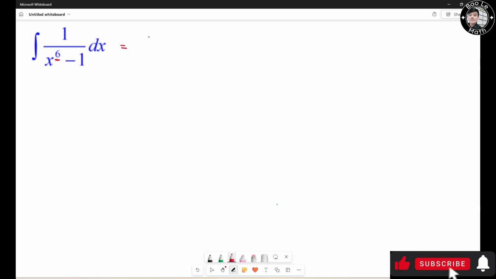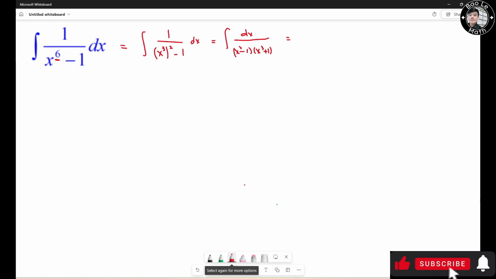So it's going to be the integral of 1 over s to the 3rd squared minus 1 ds. Alright, so I'm going to use the difference of 2 squares. It turns out to be ds over s cubed minus 1 times s cubed plus 1.